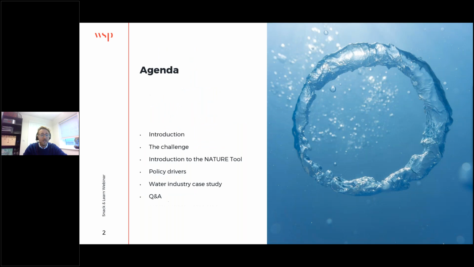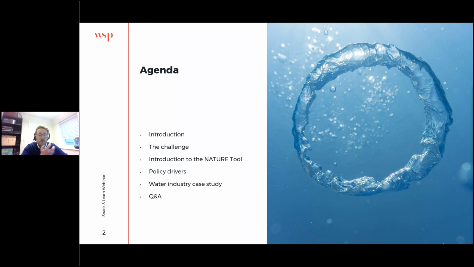What we want to talk about today: I want to provide a brief introduction to myself, and then we'll talk a bit about the challenge we all face. So why do we need nature-based solutions in natural capital approach? Then a brief introduction to the Nature Tool, which we employed for the specific case study we want to talk about.